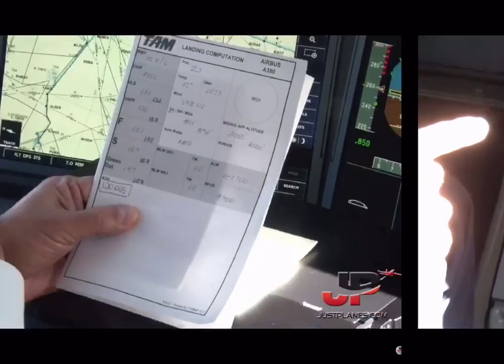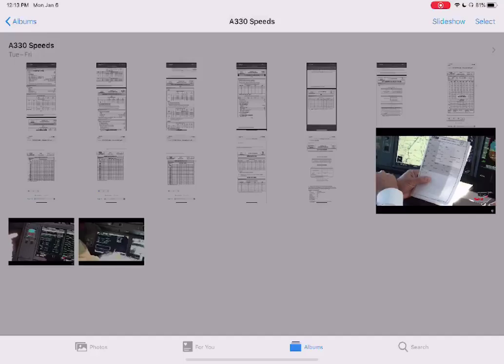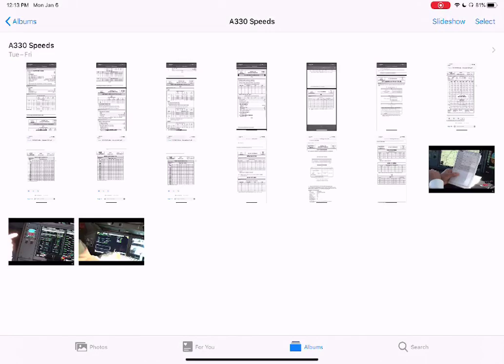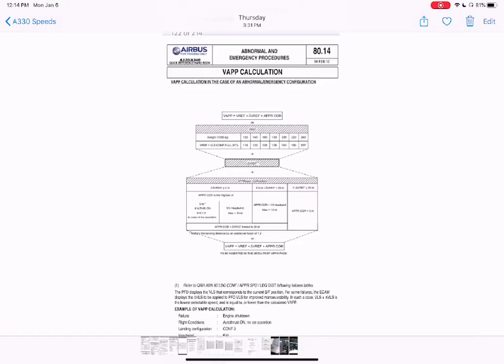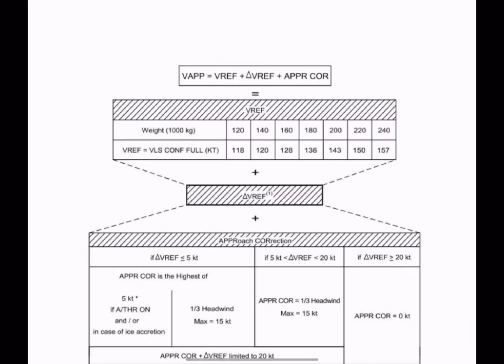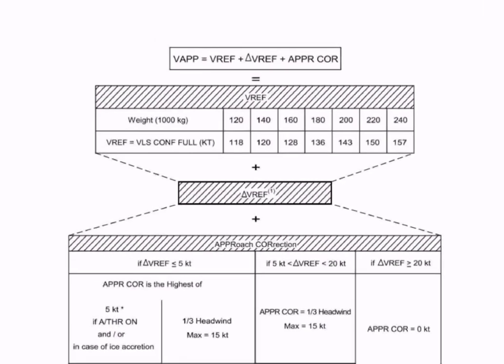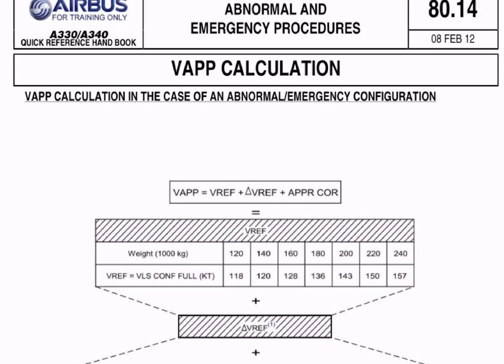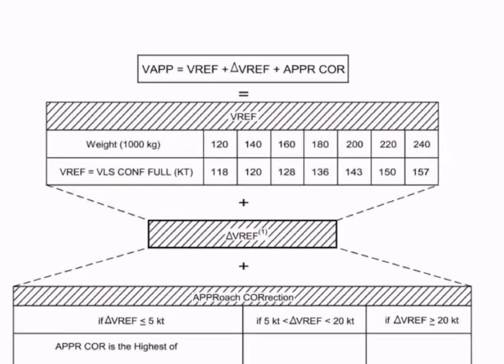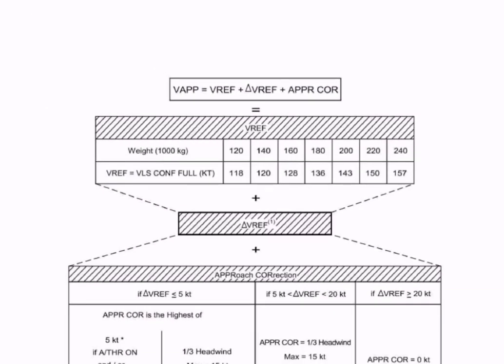And if we go back here, and this just takes a little bit of math, right? The A330 for 180 tons is 136. And for 200 tons is 143. Okay, so on a calculator, you would say there's 7 knots.